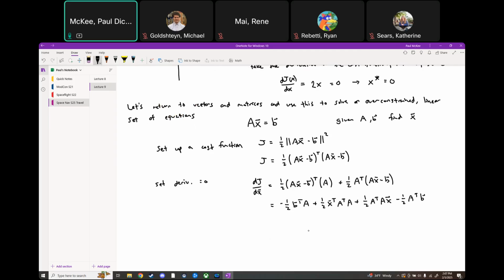And if we gather like terms, this, which by the way is equal to 0, is going to be A transpose Ax minus A transpose b.